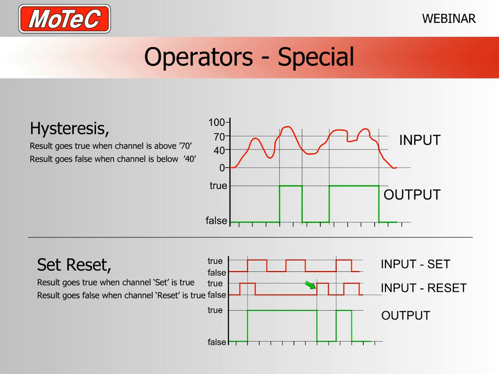When my reset logic level goes to true, that's when the output will go to false. So in other words, the set input is what turns the output on, and the reset input is what turns the output off.